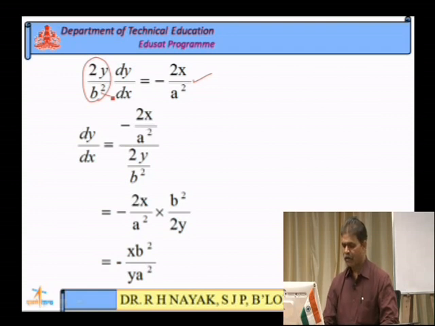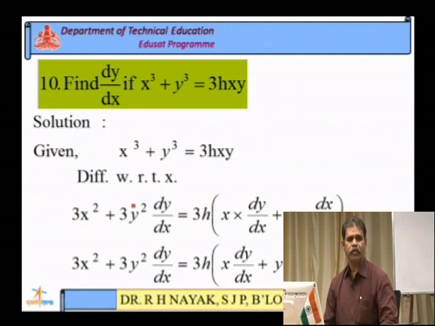Taking cross multiplication, the denominator's reciprocal goes to the numerator: b square divided by 2y. This 2 gets cancelled, finally minus x b square divided by y a square.